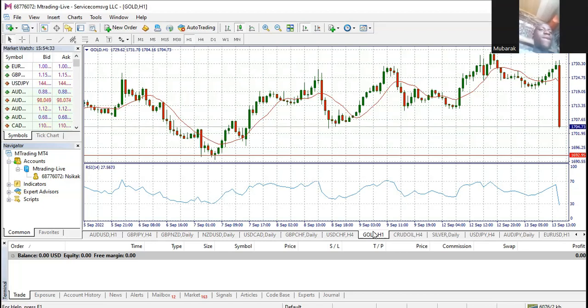Let's see whether it will get to this horizontal line. By 2 o'clock, the move will continue. You see, now it's as if it's resting, like the market is taking a rest.